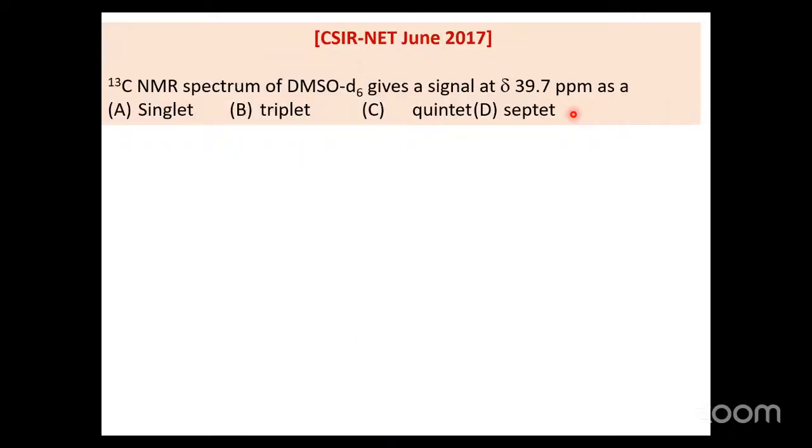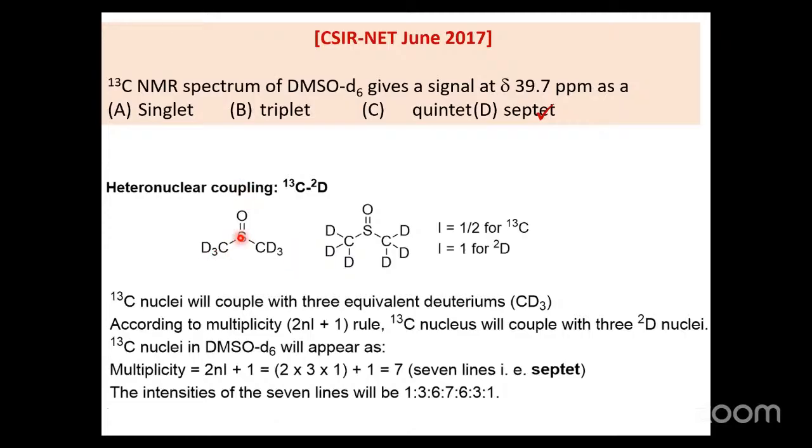Again in June 2017 in the CSIR exam, they asked the question: the C13 NMR spectrum of DMSO-d6 gives the signal at 39.7 ppm as a singlet, triplet, quintet or septet. So how can you calculate? First of all, I hope everybody knows the structure of DMSO. It will be CD3, SO, CD3.